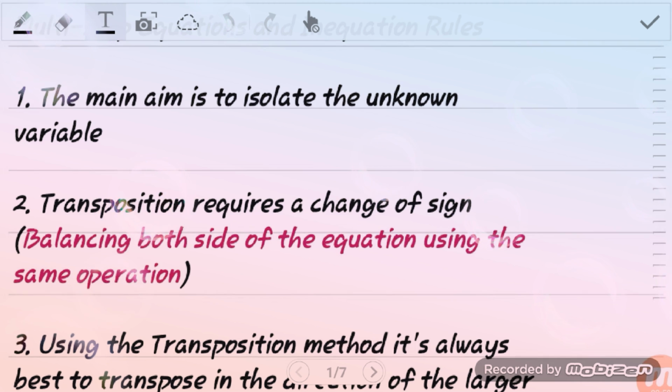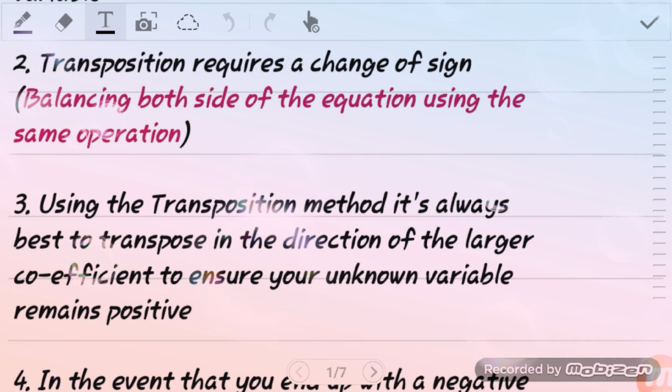Now, there are two methods of aiming to isolate your variable: one is what we call transposition, and the other, a variance of transposition, is balancing both sides of the equation using the same operation.